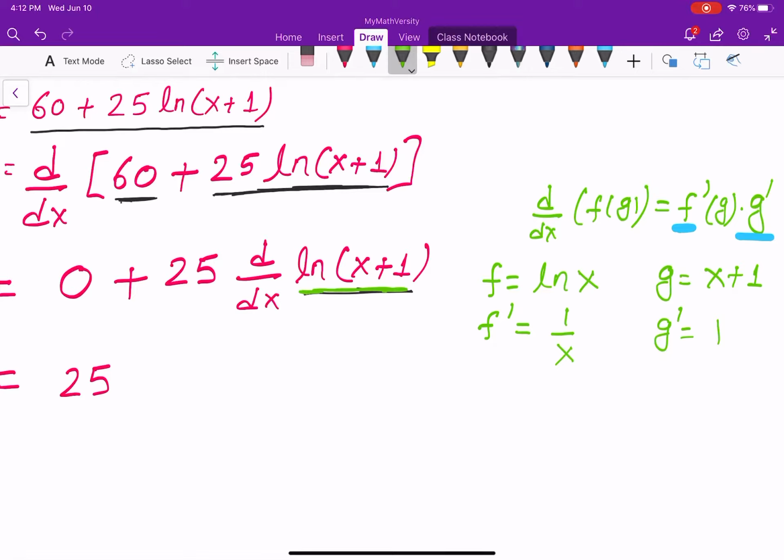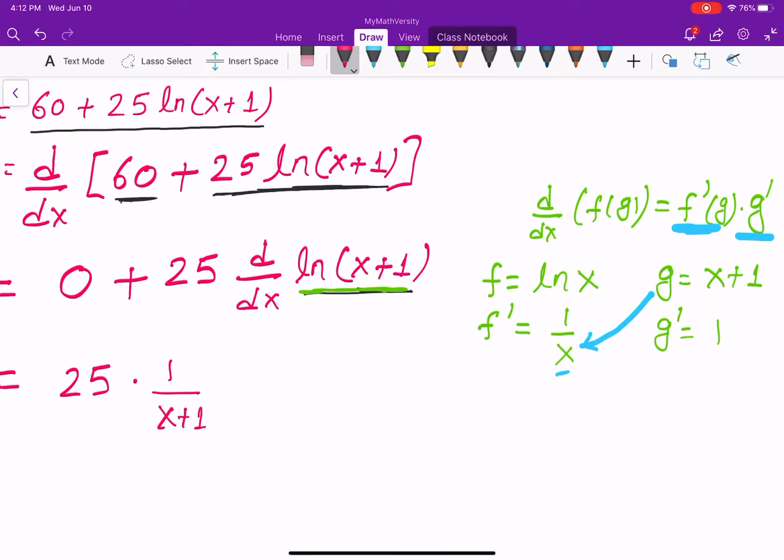But to do that, we need to evaluate f prime at g. That means we need to compose f prime with g. To do that, let's replace x in f prime by g. If we do that, this can be written as 1 over x plus 1, right?